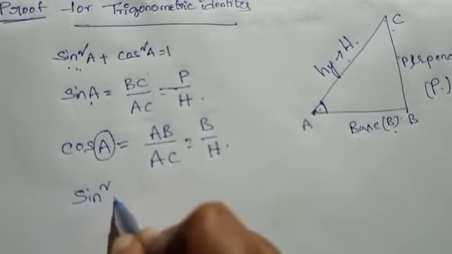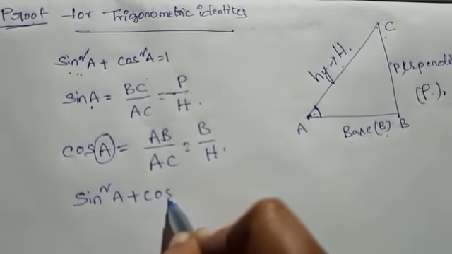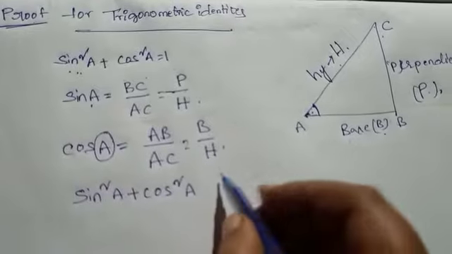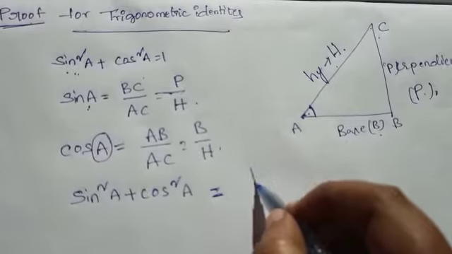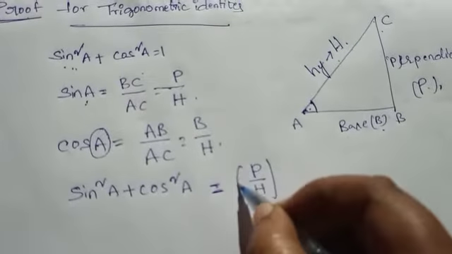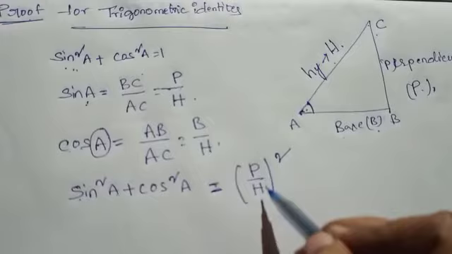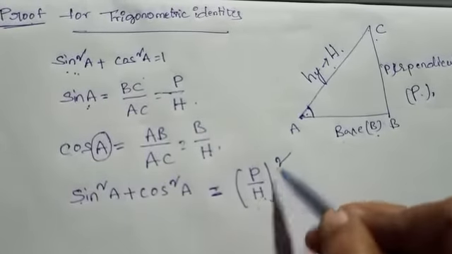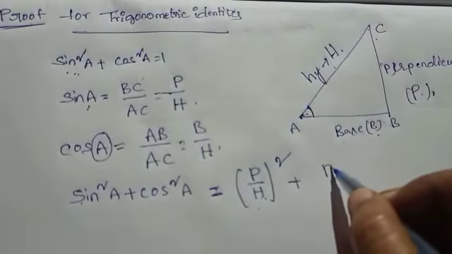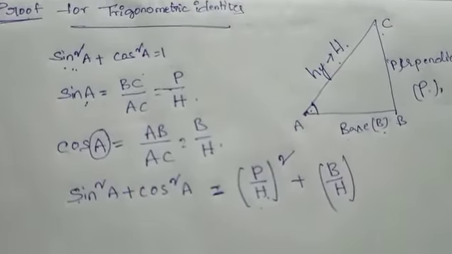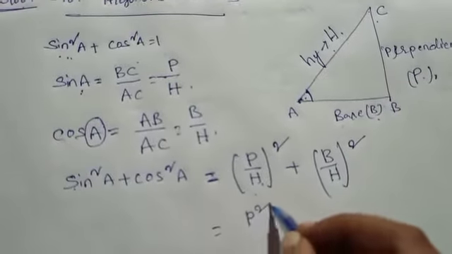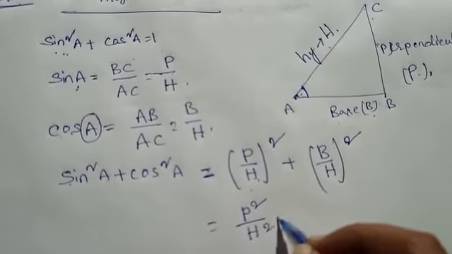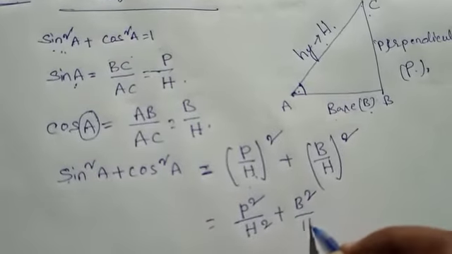Here, sin square A plus cos square A equals (P by H) whole square plus (B by H) whole square, which is P square by H square plus B square by H square.